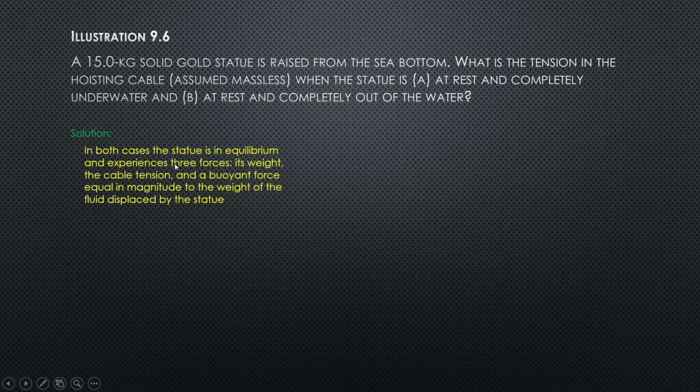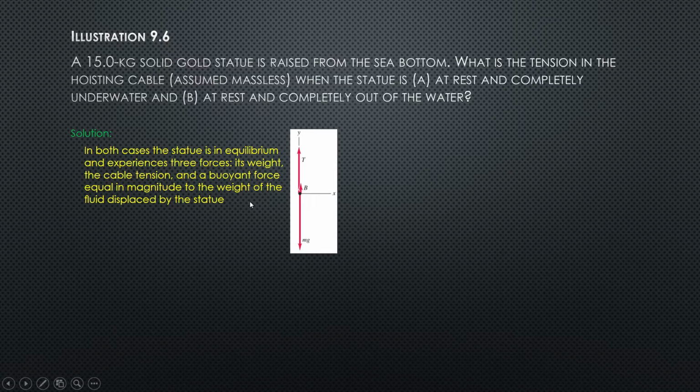In both cases the statue is in equilibrium and experiences three forces: the weight, the cable tension, and the buoyant force. As you can see in the free body diagram, this is the tension on the cable, the weight of the statue, which is mass multiplied by acceleration due to gravity, and the buoyant force acting upward.